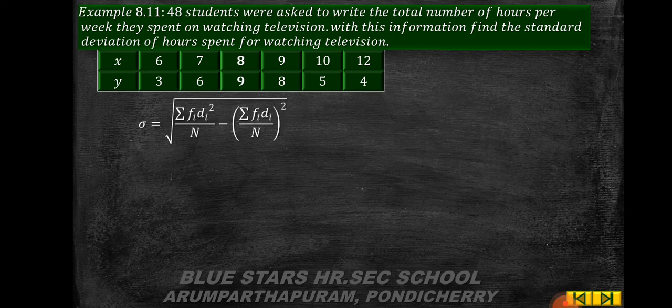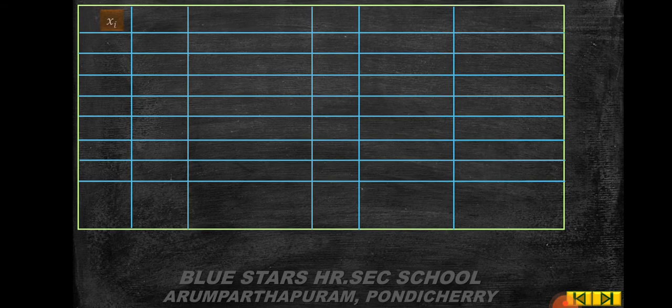Here 11 and 5, one is missing in the tabular column. So sigma is equal to, the standard deviation formula we know. Now put the x values: 6, 7, 8, 9, 10, 11, 12. So Fi is 3, 6, 9, 13, 8, 5, 4.